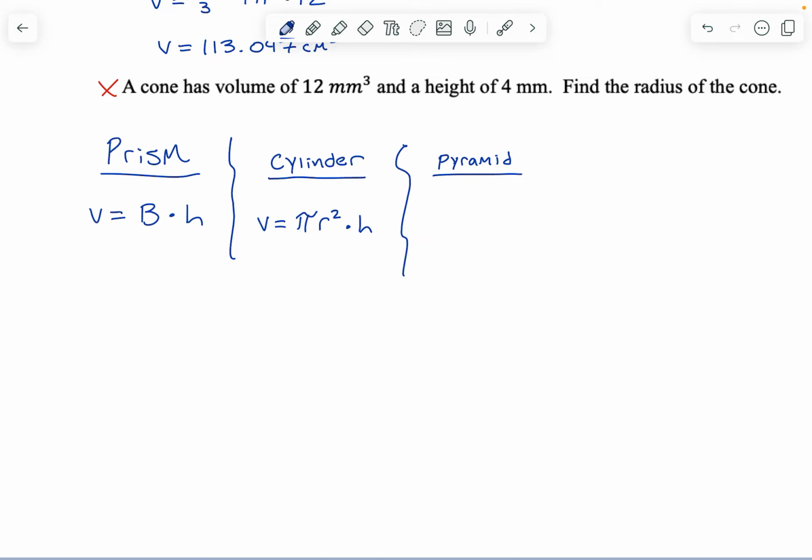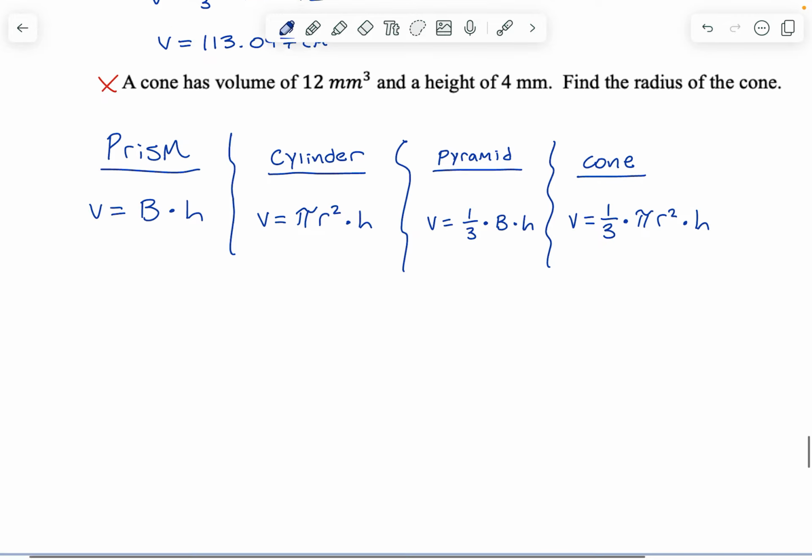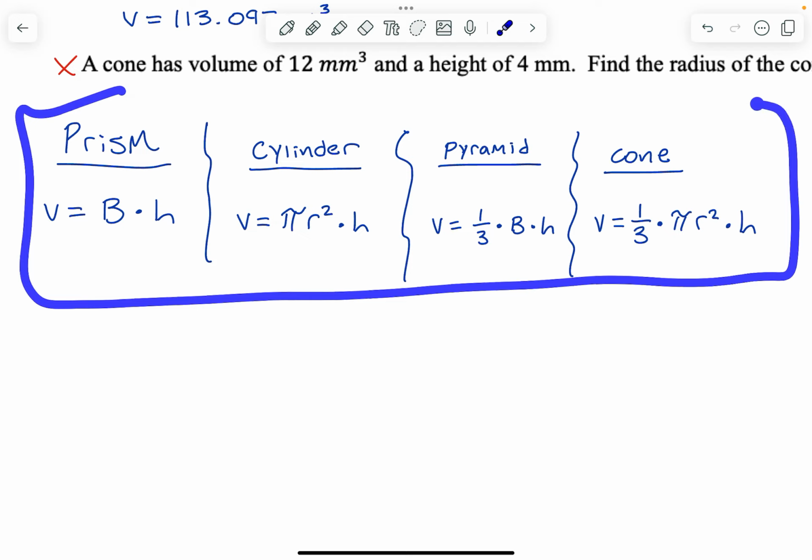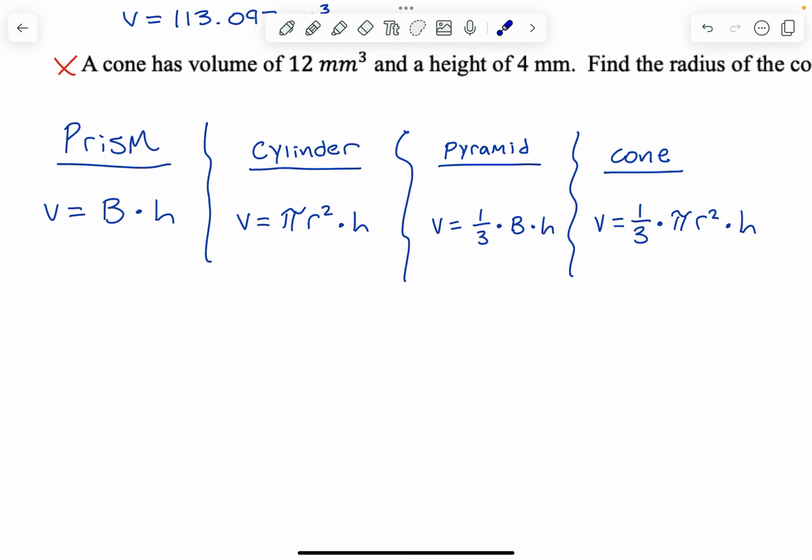Volume of a pyramid is 1/3 of a prism: 1/3 area of the base times the height. And the volume of a cone is 1/3 the volume of a cylinder. Volume is equal to 1/3 times pi r squared times height. Write this down, take a screenshot, whatever you got to do.